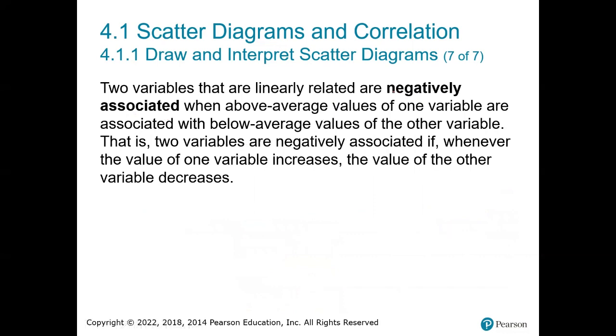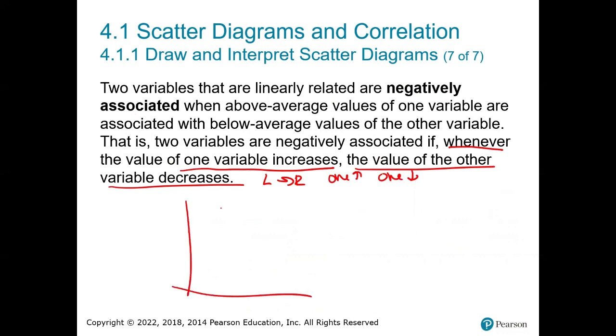In a negative relationship, we're going to have when one increases, the other decreases. So what's going to happen now when I go from left to right is one goes up and one goes down. Okay, so from left to right, the points are going to go like this.